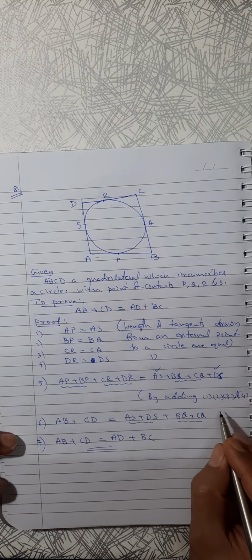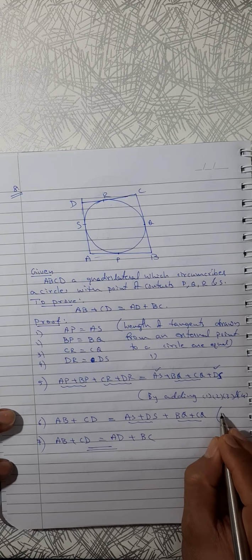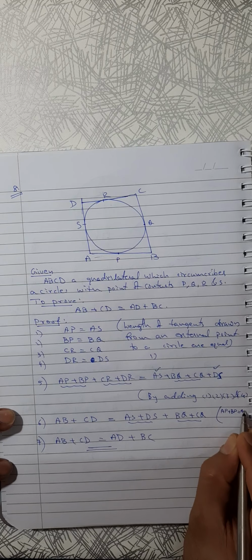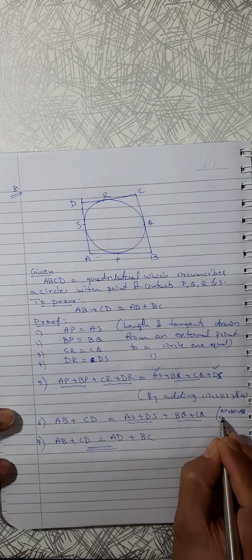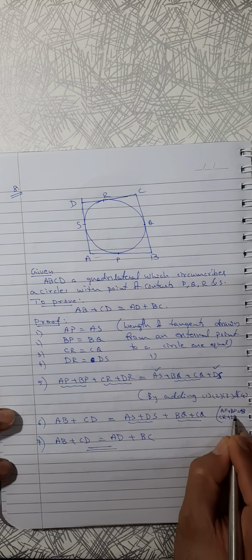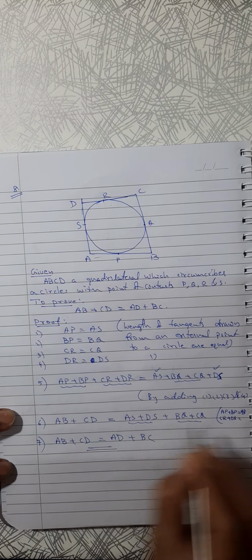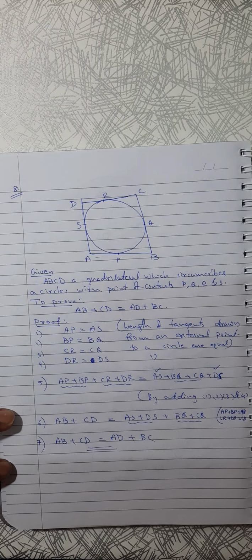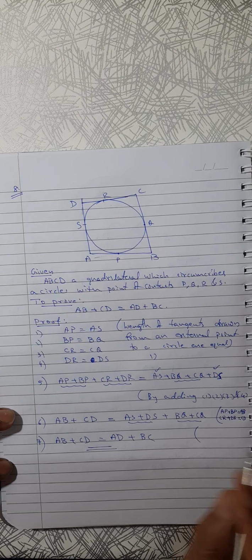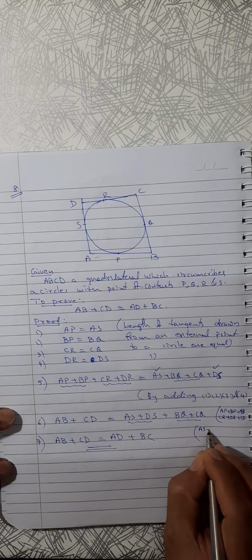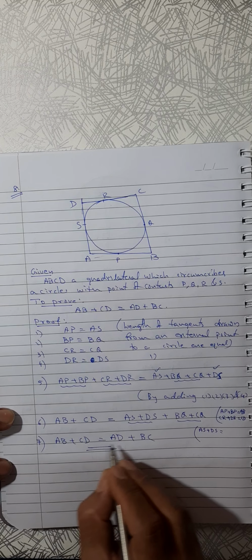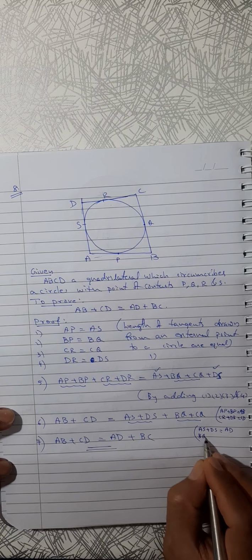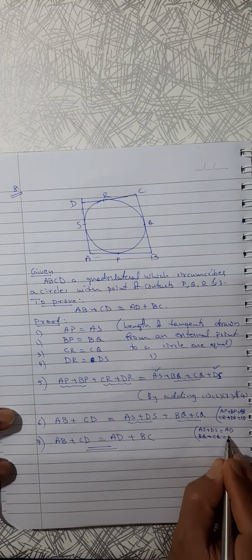The reason, if you want we can write, but not necessary. AP plus BP is equal to AB. CR plus DR equal to CD. Instead of writing the reason, this underlining work is used. And for this, AS plus DS is AD, and the middle one BQ plus CQ is equal to BC.